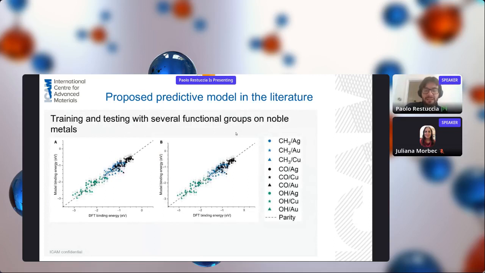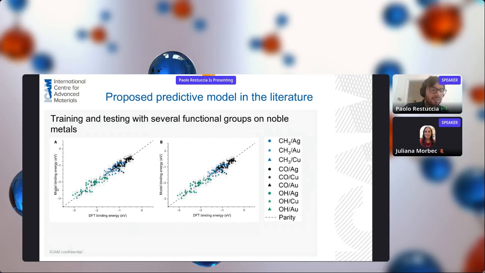This is the training and testing part of their work. On the x-axis, this is the actual DFT binding energy of these functional groups, like methyl, carbon monoxide, and hydroxyl groups, over several noble metal substrates: silver, copper, and gold.